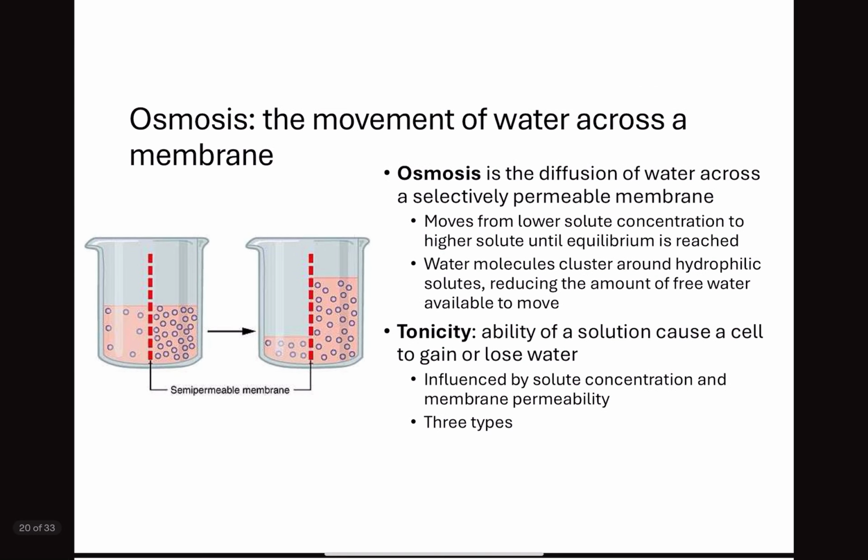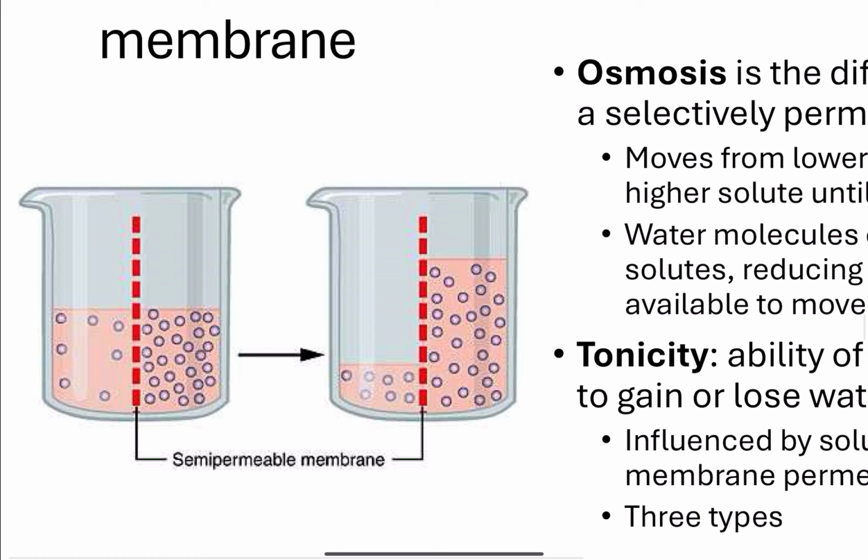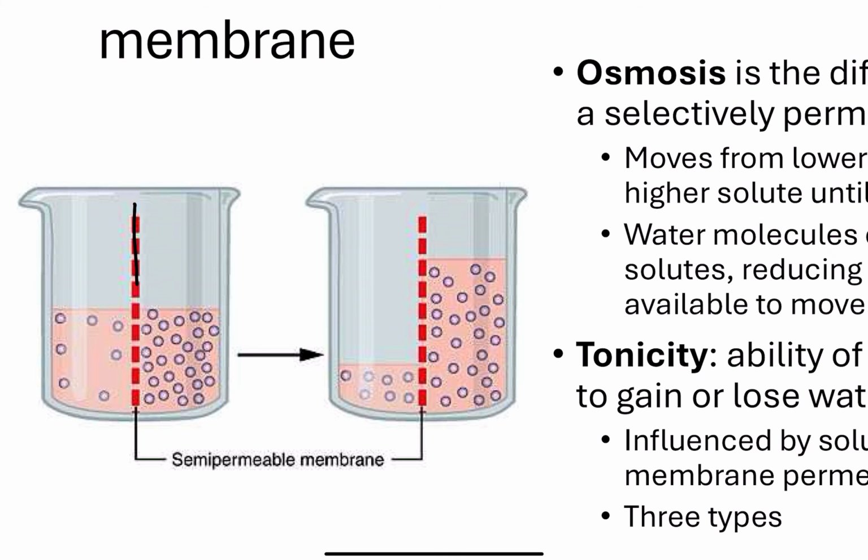So osmosis is the passive transport of water. Imagine that we have two different sugar solutions with different concentrations in these beakers, and these beakers are separated by a membrane, which is this line. That separation is going to allow water to pass, but not sugar.